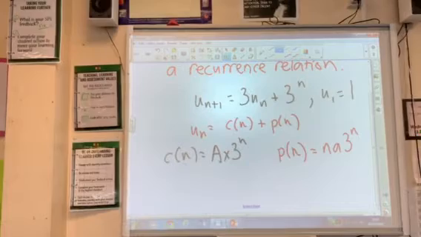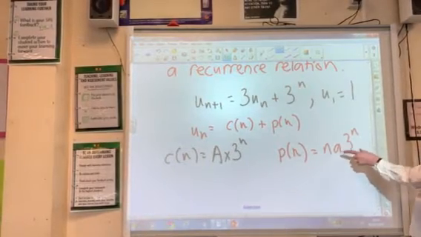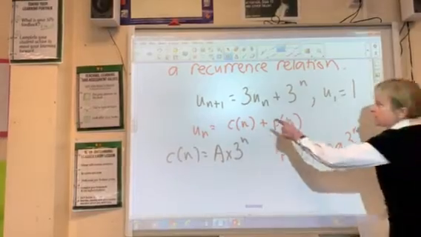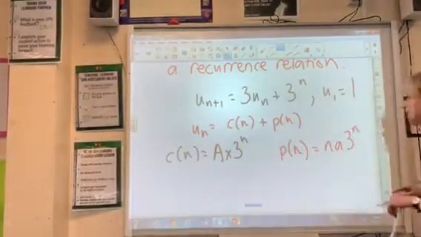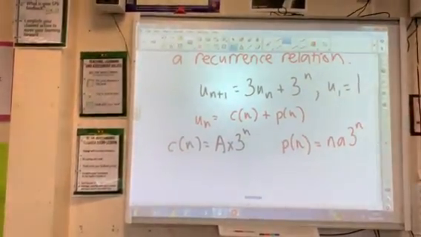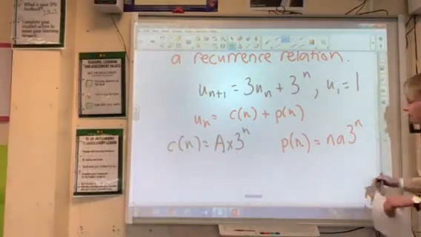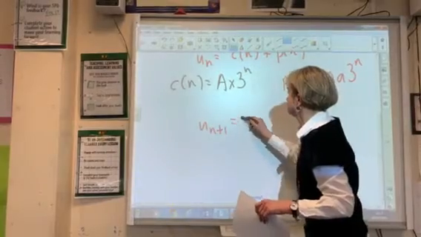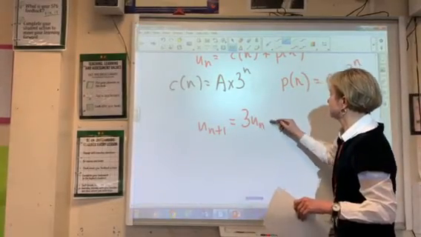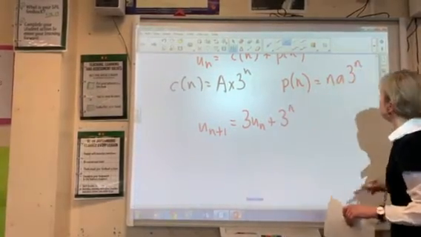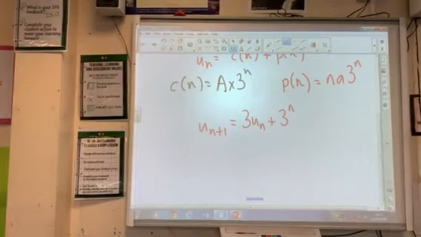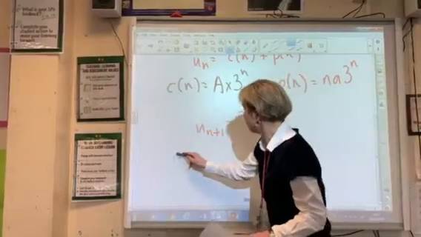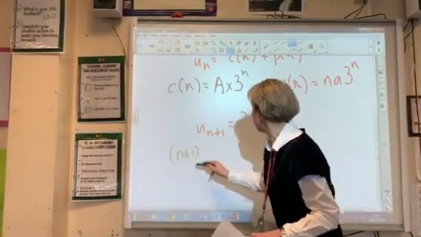So the first thing I'm going to do to work out my particular solution, my value of a, is substitute this into my recurrence relation. So here's my recurrence relation. And if I substitute my particular solution in, I know that the n plus 1th term, I replace the n with n plus 1.